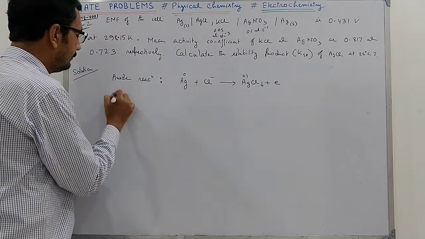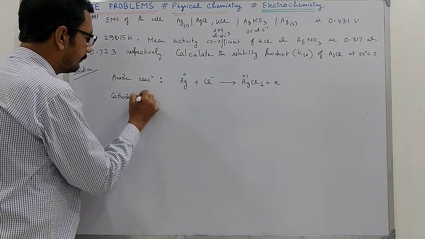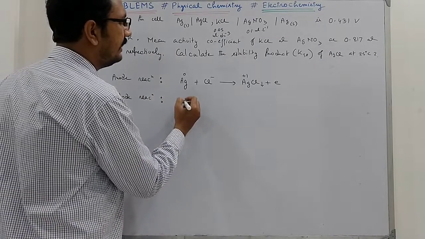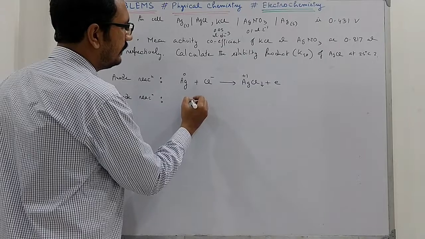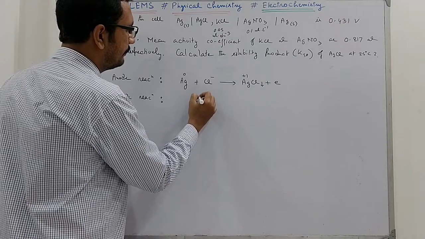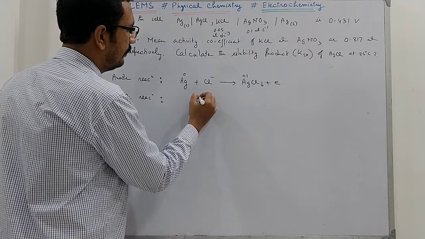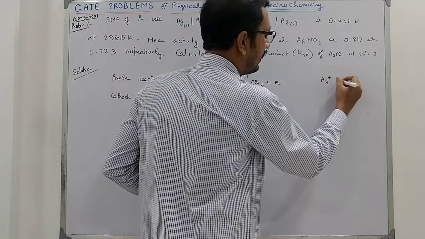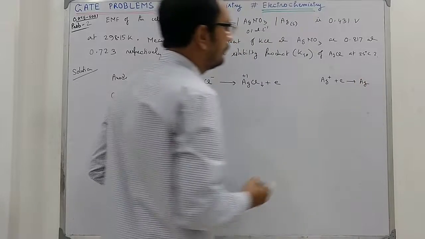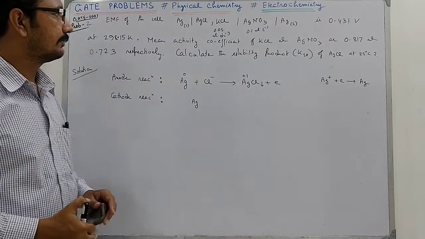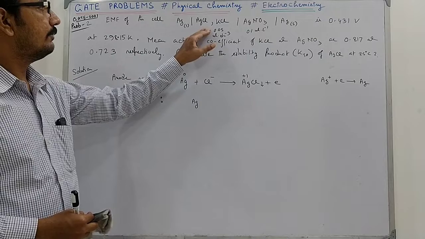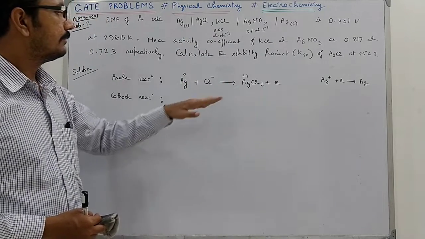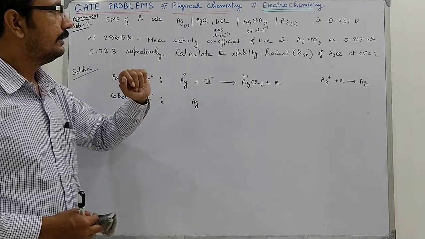Now the cathode reaction is Ag plus plus electron arrow Ag, since reduction occurs at the cathode. Oxidation occurs at the anode, so it is Ag plus Cl minus arrow AgCl plus electron, which we have written in oxidation form.